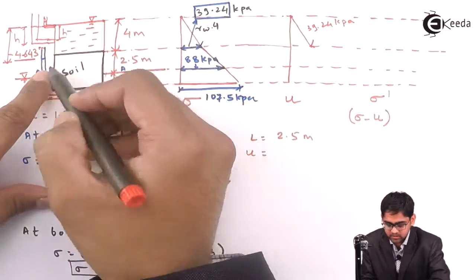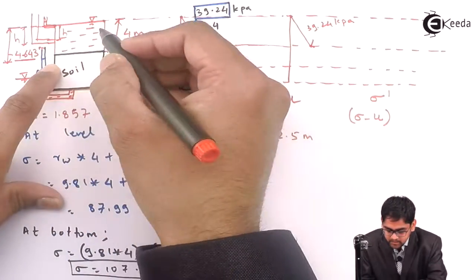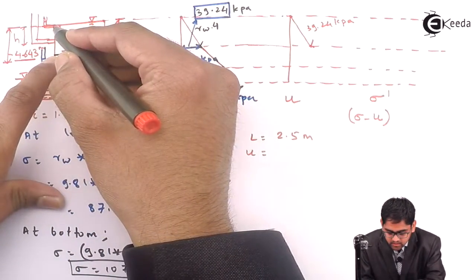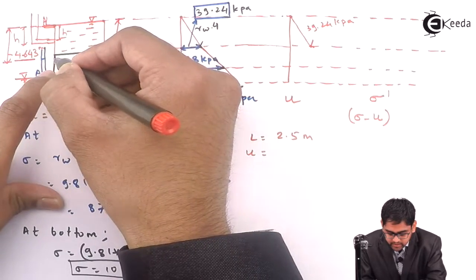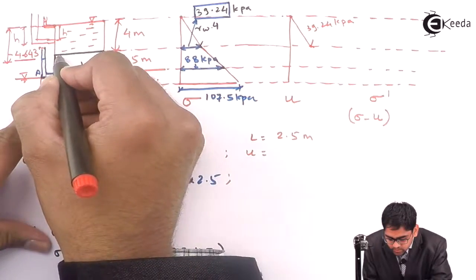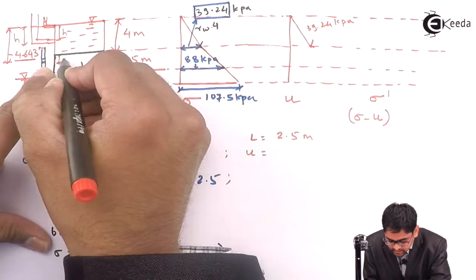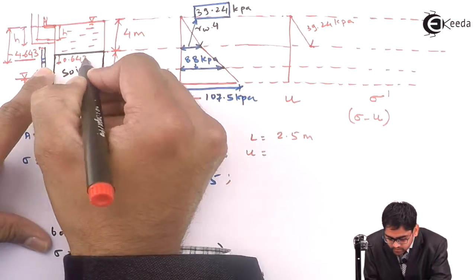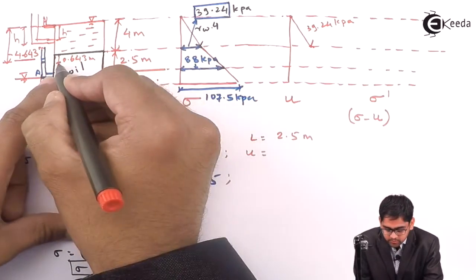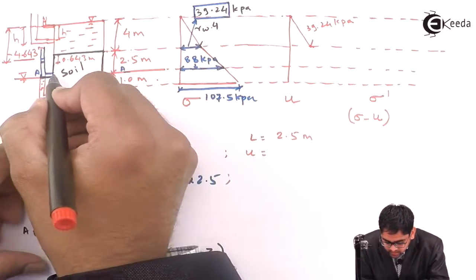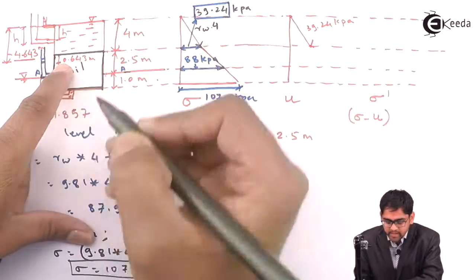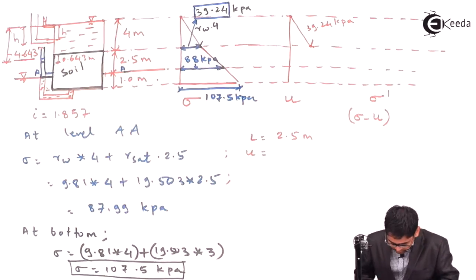This is the head loss from this, the 4 meter, right? And within the soil, the water has gone up to this particular level, let's suppose with the scale, so it's 0.643 meter. So if this is 0.643 meter, then the balance will be 2.5 minus 0.643.